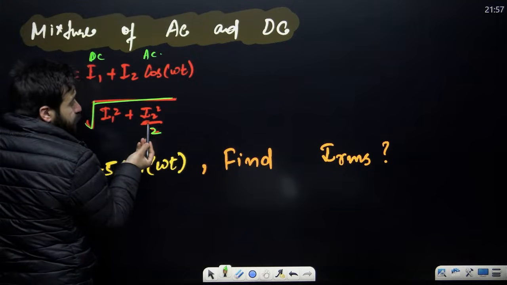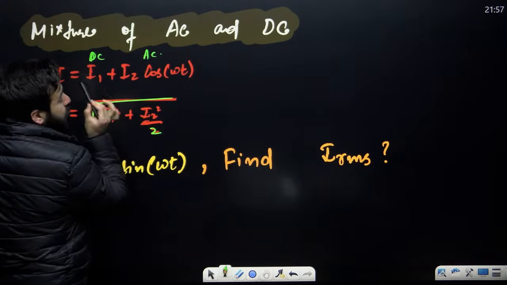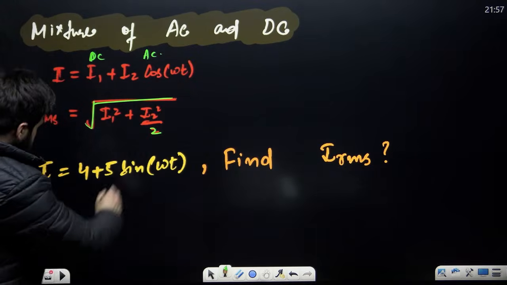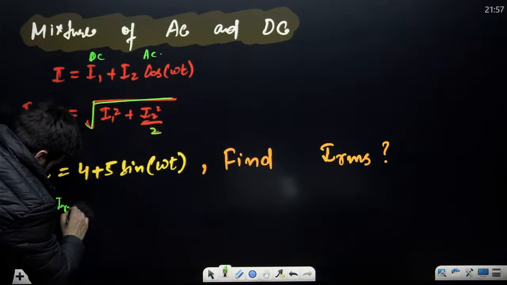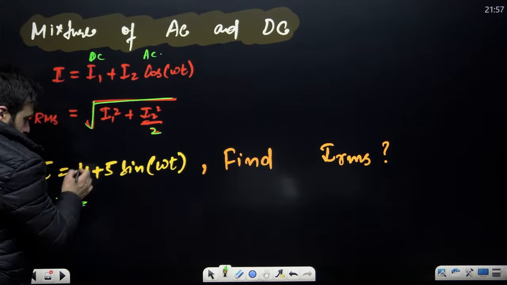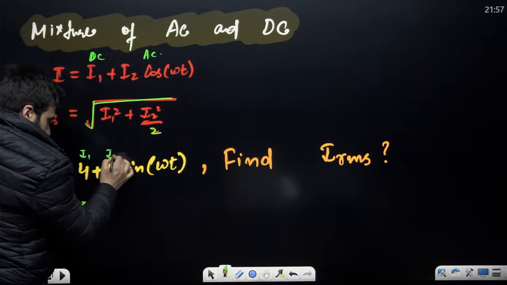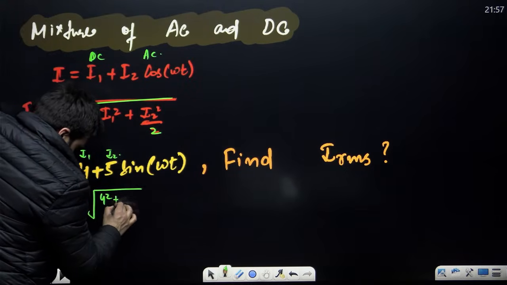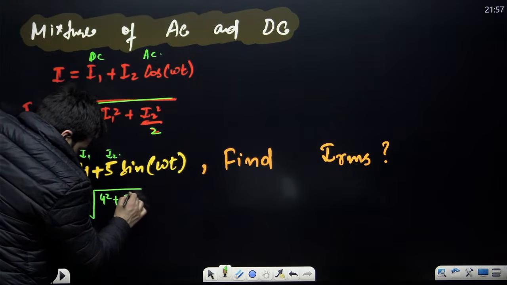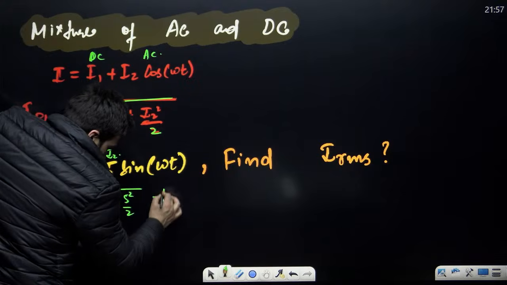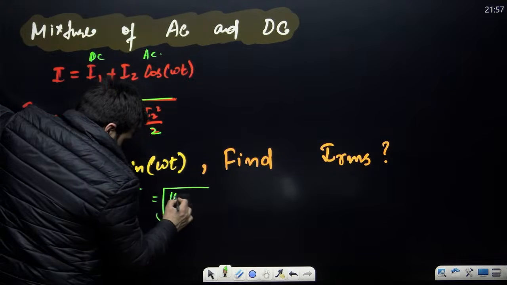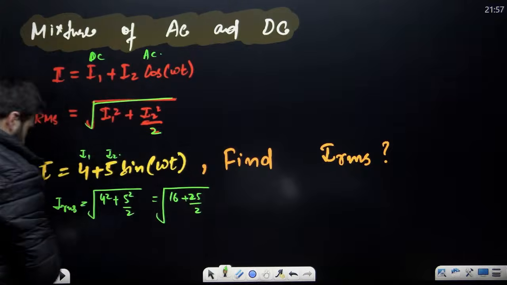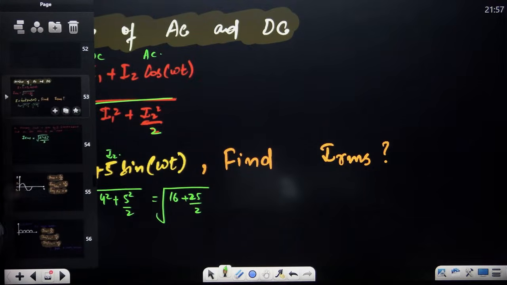Divide the 2 to the peak value of alternating current. Like here, what is the value of IRMS in this particular case? You say this is I1 and this is I2. Under root of I1 square, that is 4 square, plus I2 square, 5 square divided by 2. So this is going to be under root of 16 plus 25 divided by 2. Solve it and you'll get the answer.